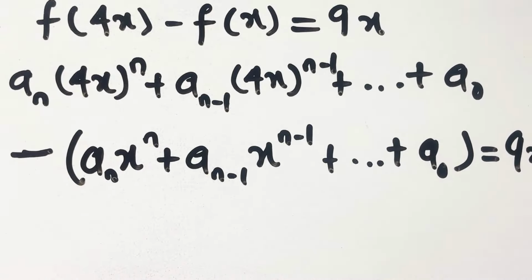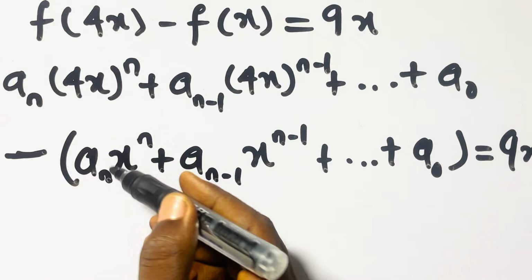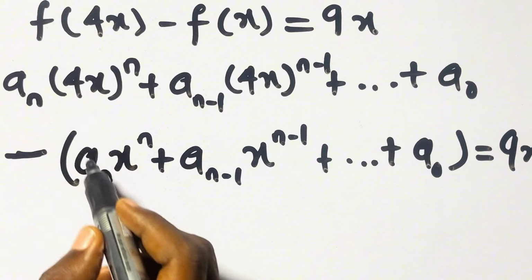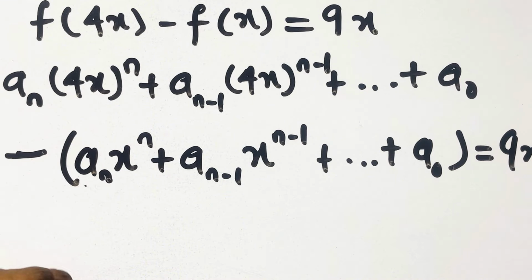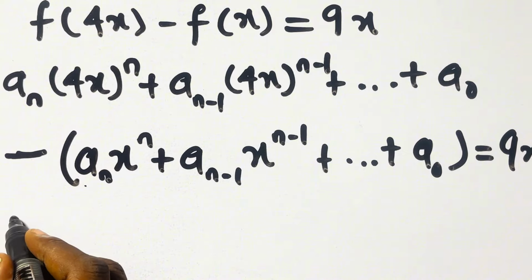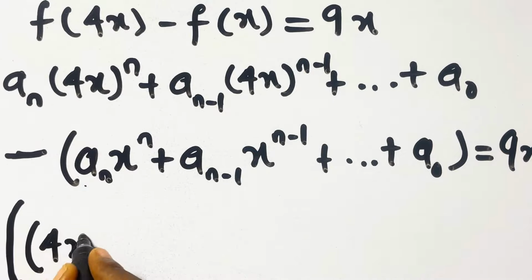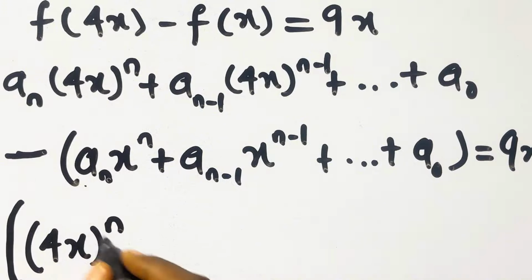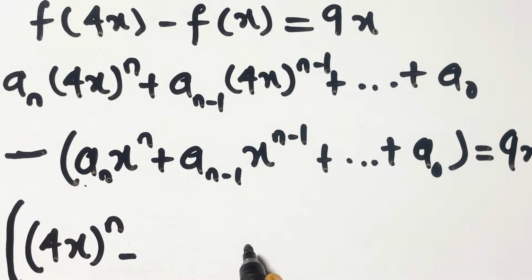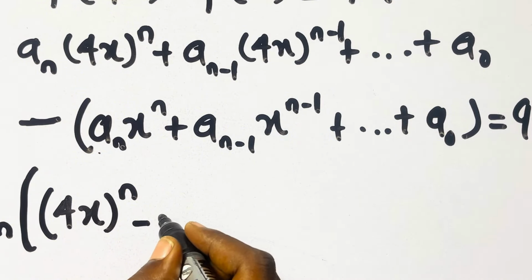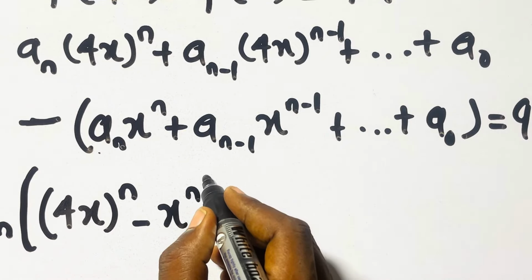All right, so now let's begin to subtract. What we have here and here is a_n, a subscript n. So we have bigger brackets, then we have 4x raised to power n minus x raised to power n, and close the brackets.